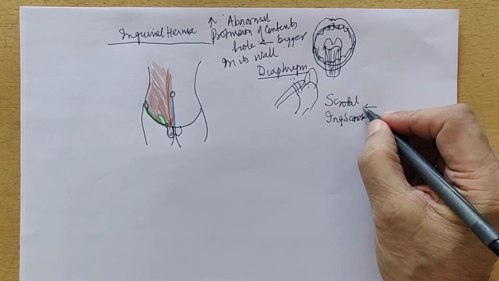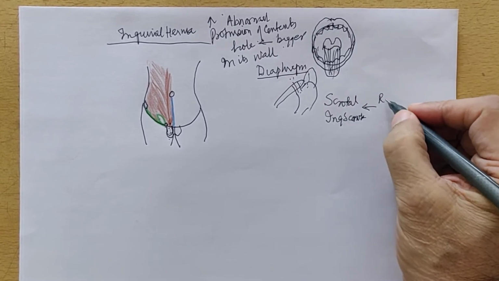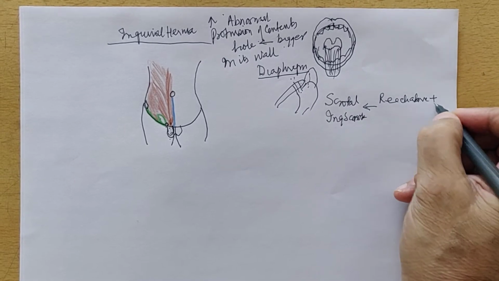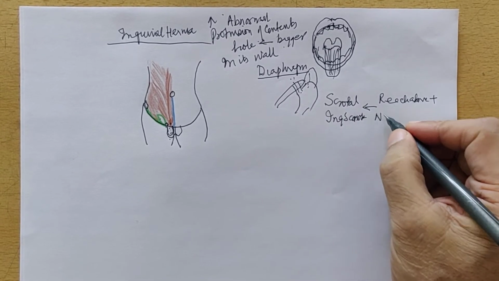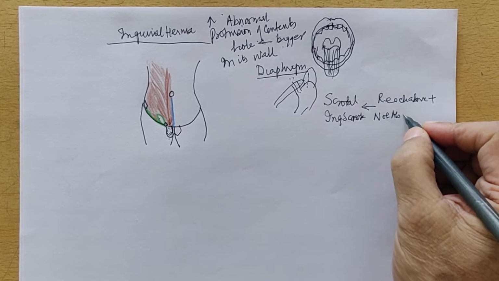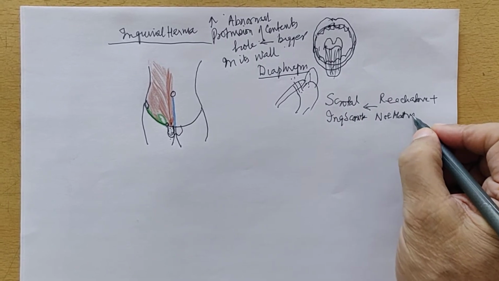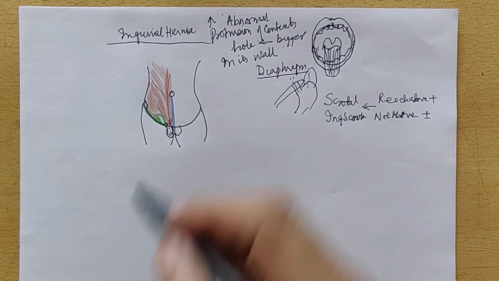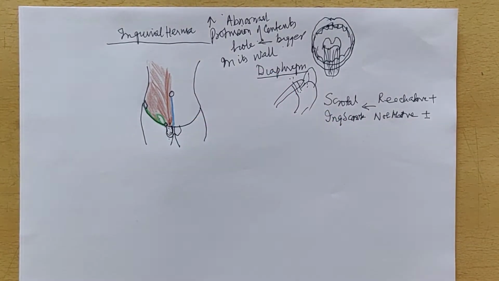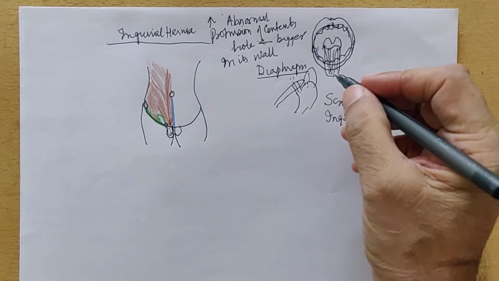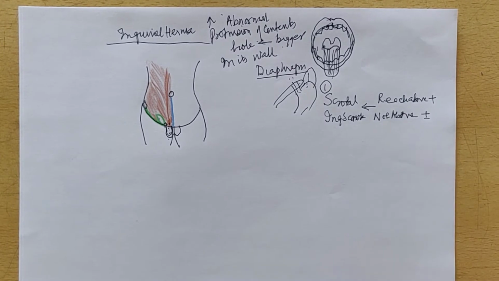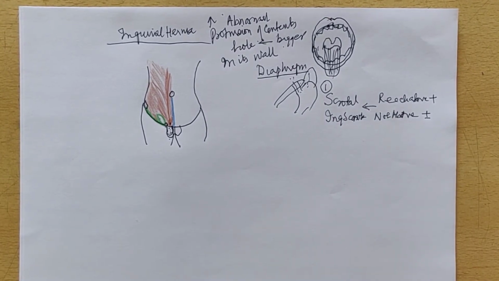And the difference is that you can reach above the scrotal swelling and not above the inguinoscrotal swelling. That's the first of all, by the sight you say that this is maybe a scrotal or inguinoscrotal swelling, and the first important physical sign is that whether you can reach above or you don't reach above the swelling.